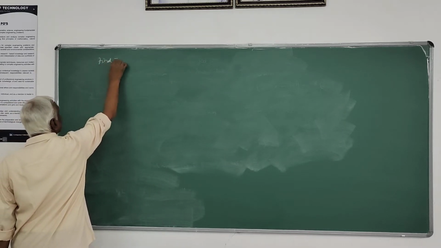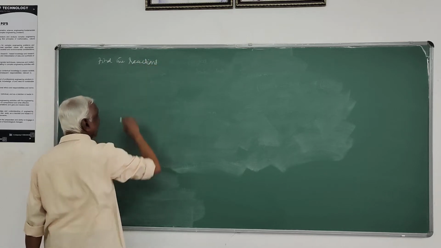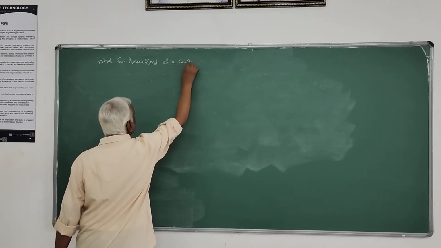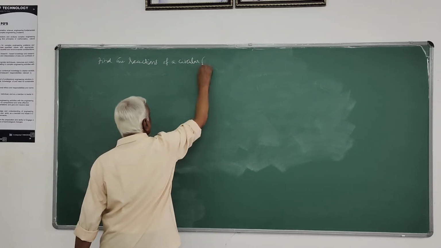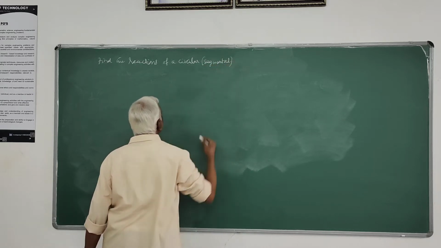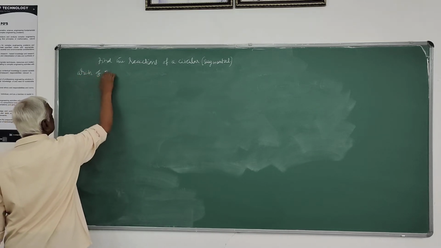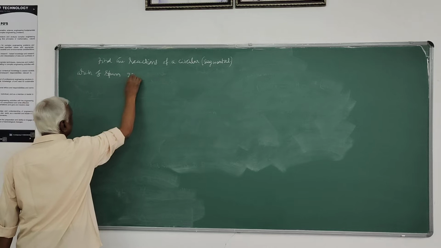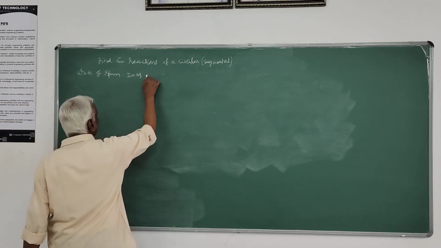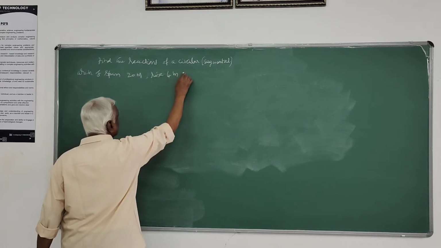So find the reactions of a circular arch, that is also called a segmental arch, of span 20 meters and rise 4 meters.